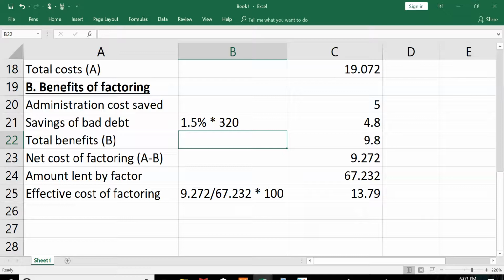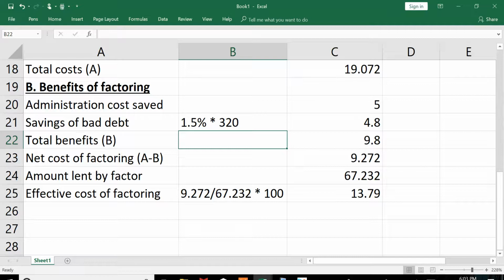The factor charges 18% interest, but my cost is a little bit on the lower side because he gives me a saving of 1.5% of bad debt. He also gives me a saving of administration, and against that the commission which he charges is not that high. So that is why, although our interest payment is 18%, the effective cost of factoring is only 13.79%. Any doubts on this?